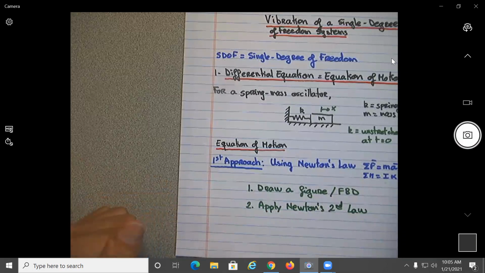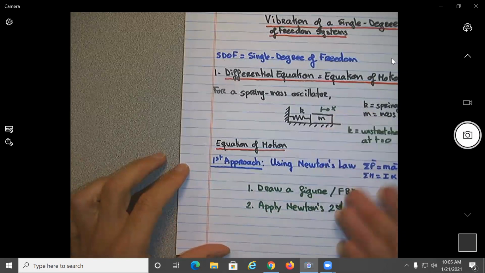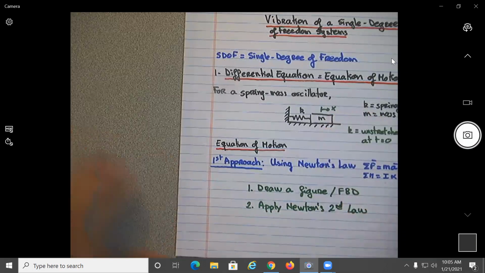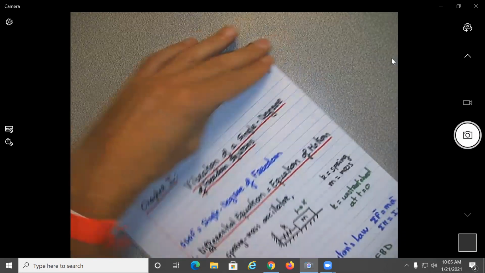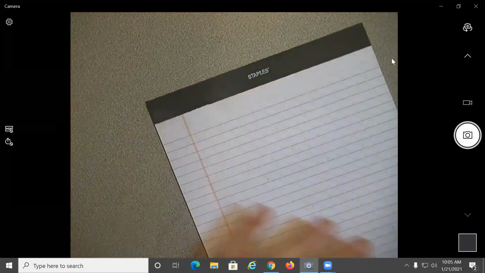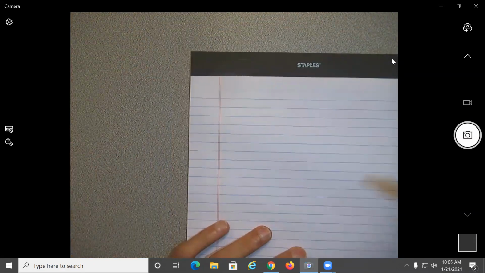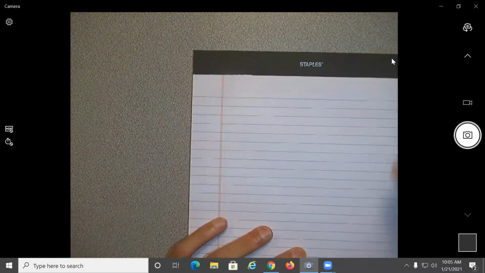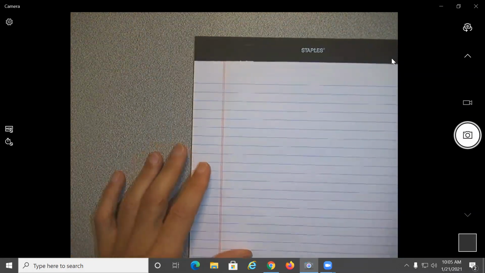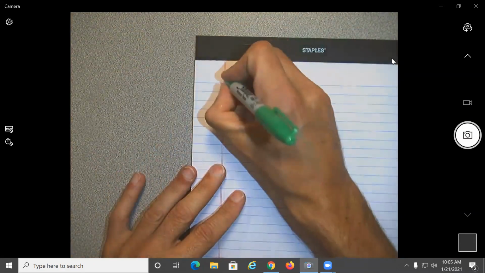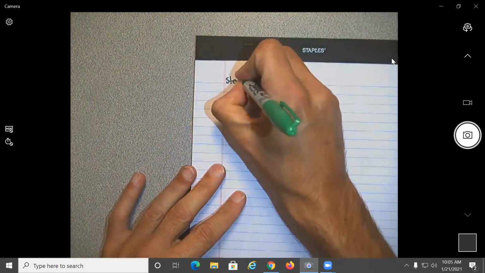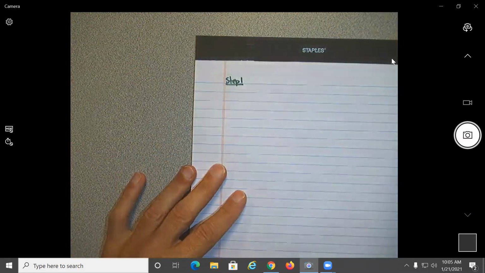Okay, so let's try to solve this problem following this method. Step 1 is to do some type of figure.